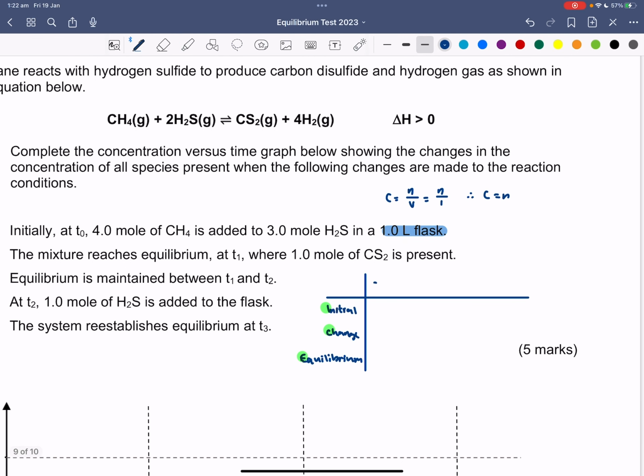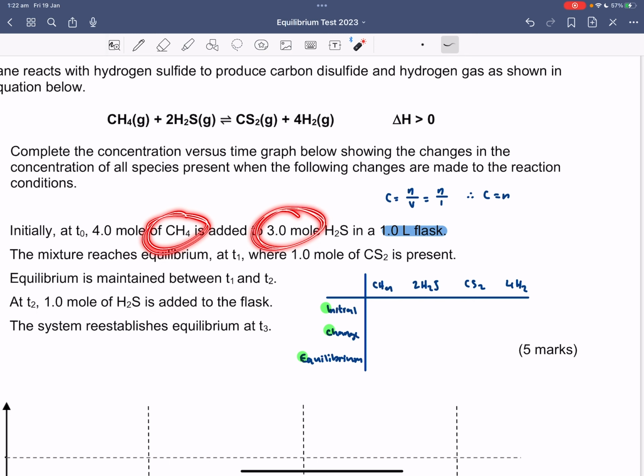We have CH4, we have 2H2S, CS2 and 4H2. So initially, at T0, 4 moles of CH4 is added to 3 moles of H2S. So what I'm able to do is put 4 moles per liter here and 3 moles per liter there because concentration equals number of moles, and obviously 0 moles of this.